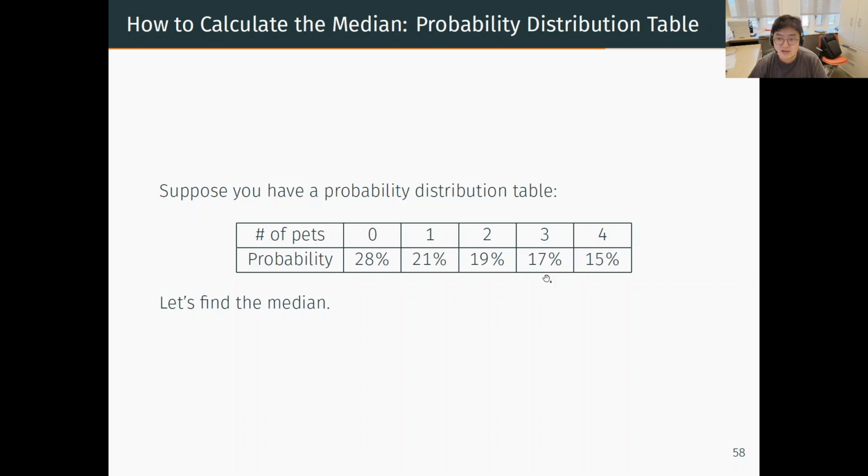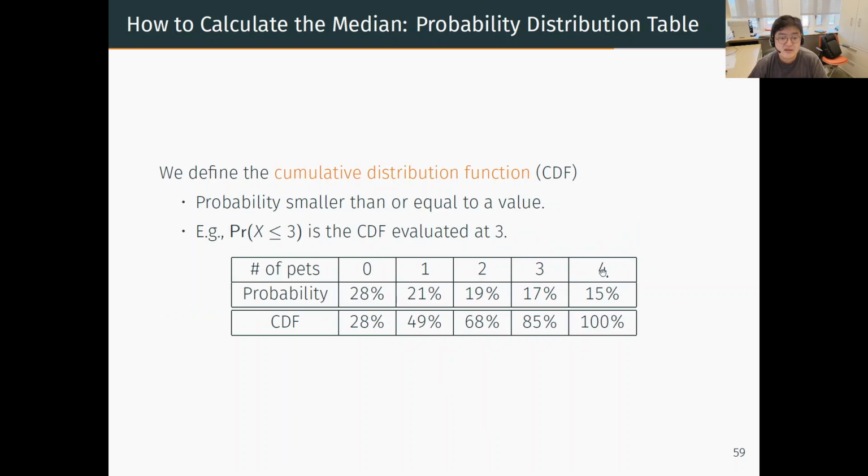What you have to do here is, of course you start from the probability for each outcome, and then what you need to do is to calculate the cumulative distribution function, right? So, cumulative distribution is the probability smaller than or equal to a certain value.